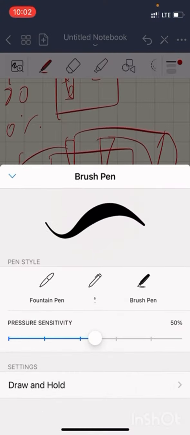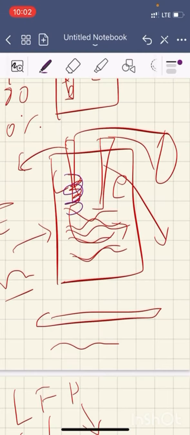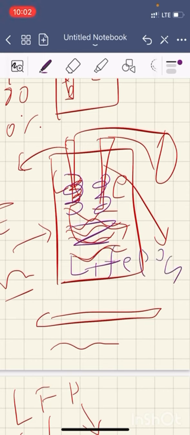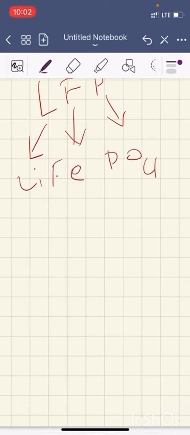Let me draw it in another color so you can understand it better. These electrodes get contaminated. Basically they start to react with this lithium ferro phosphate and form a non-conductive layer. When you have a non-conductive layer, it becomes increased resistance. Say this is positive, this is negative, and the current is flowing in this direction.